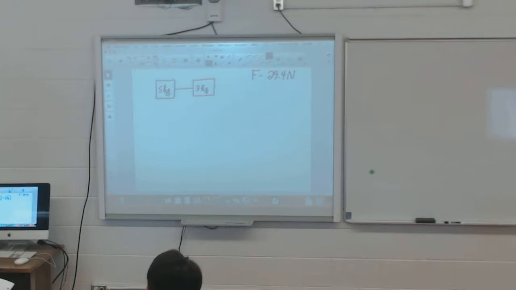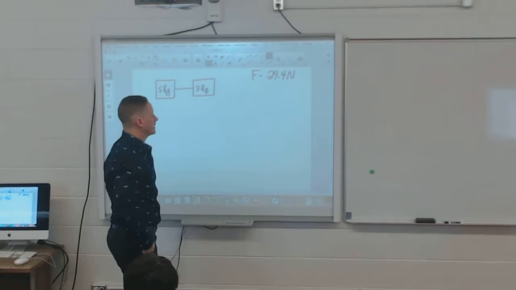So the force on the first car, it's pulling, is 29.4 newtons. What is the acceleration of the two objects?